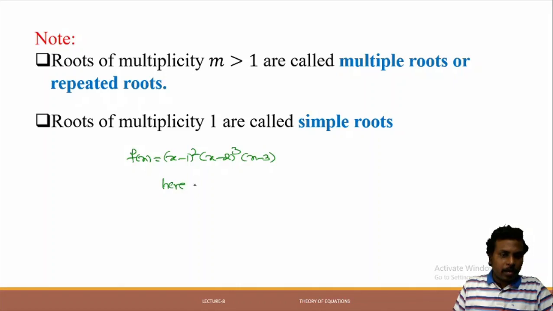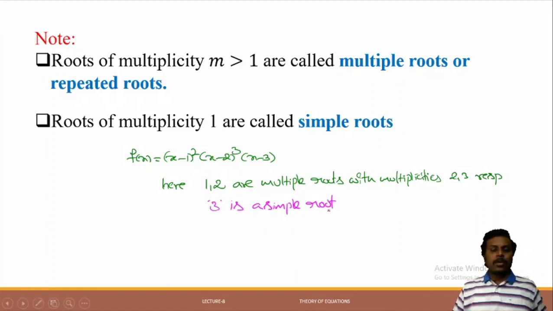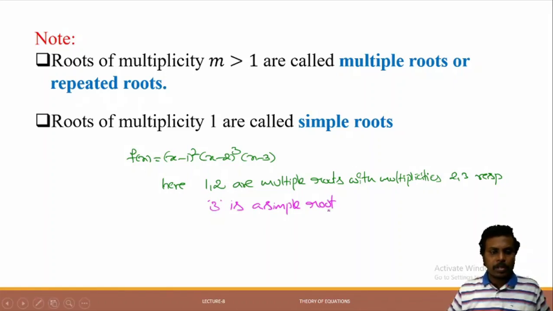Here 1 comma 2 are multiple roots with multiplicities 2 comma 3 respectively, and 3 is a simple root because it is repeated only once. Hope you have understood these points.